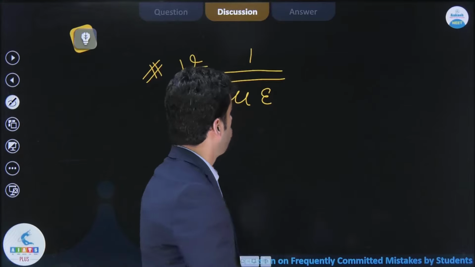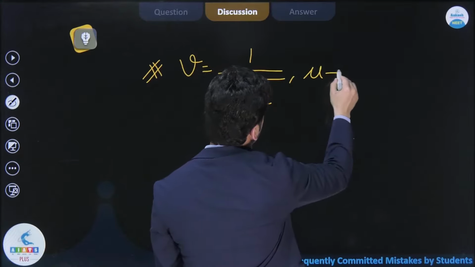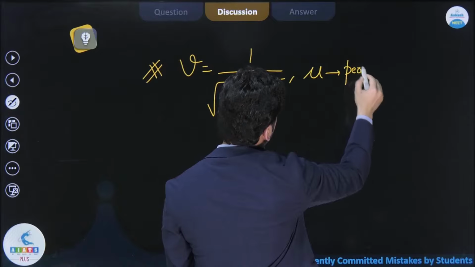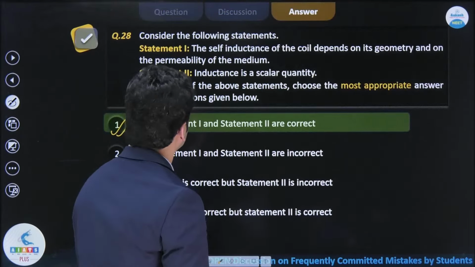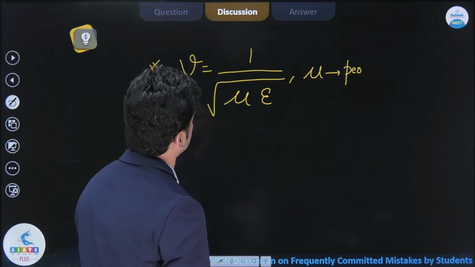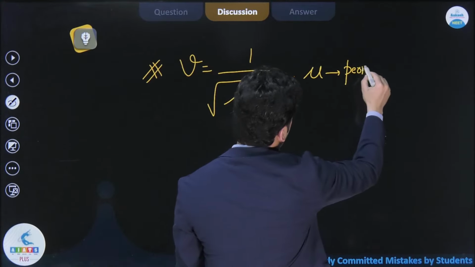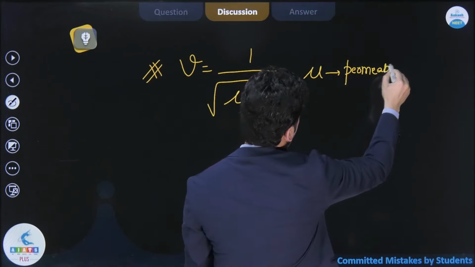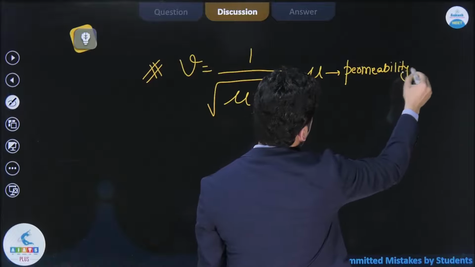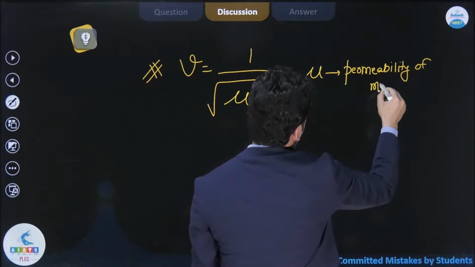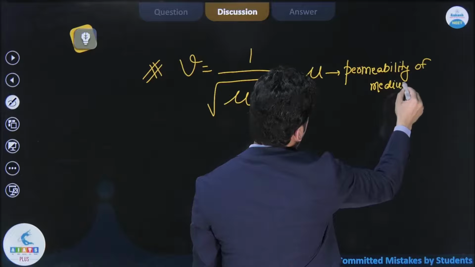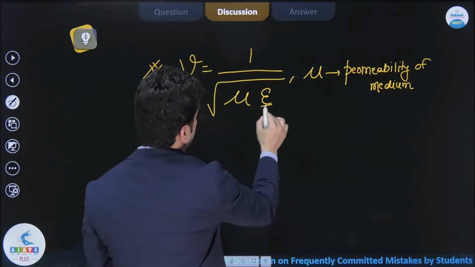What is mu? Permeability of the medium, and this is the permittivity of the medium.